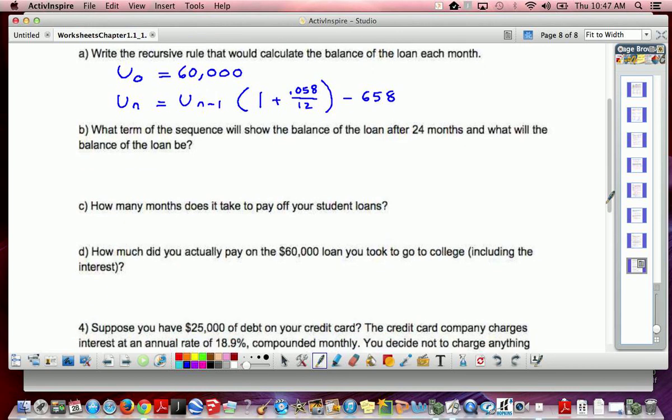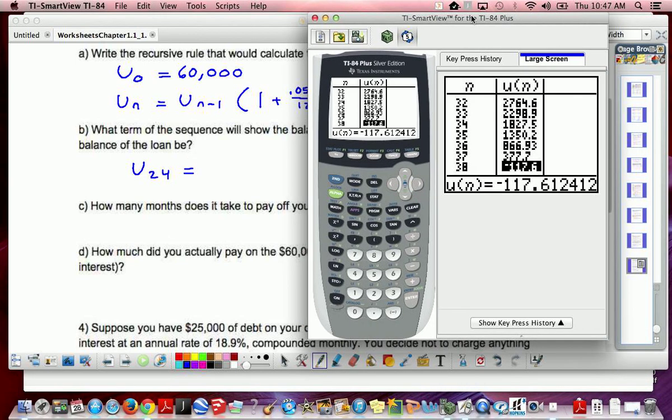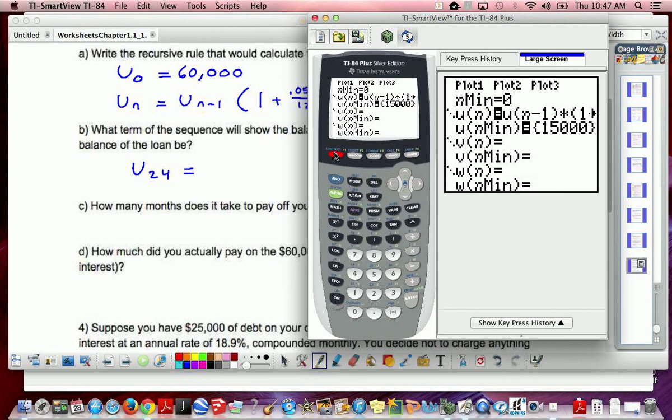So now question 2 says, find the balance after 24 months. So how much do you still owe after 2 years? So we want to find U sub 24 again. So I need to enter this in on my calculator. So I'm going to pull up the calculator once again. I'm going to go to my y equals here, and I'm going to be a little bit smarter on this.